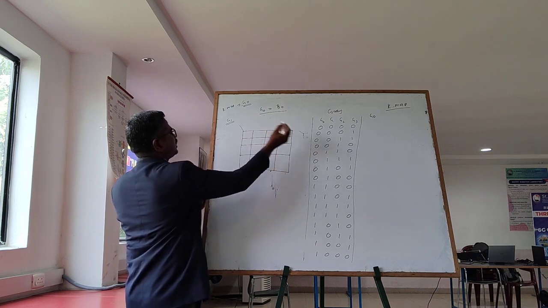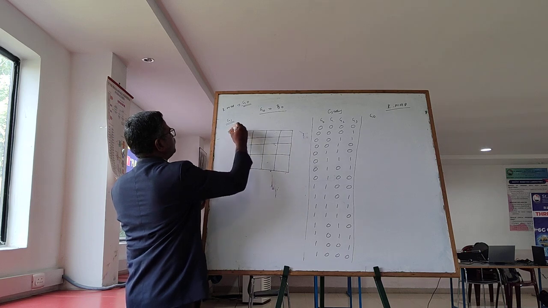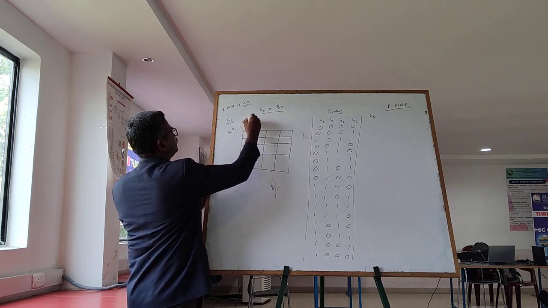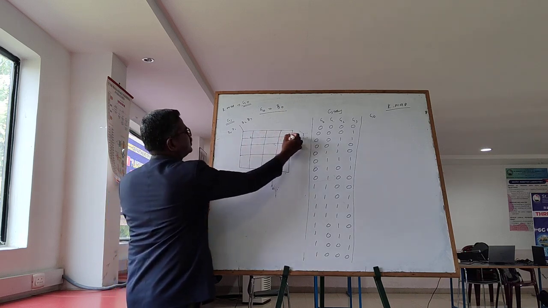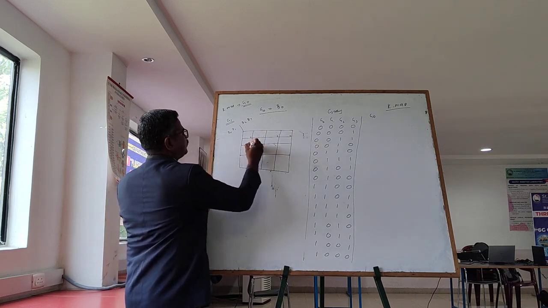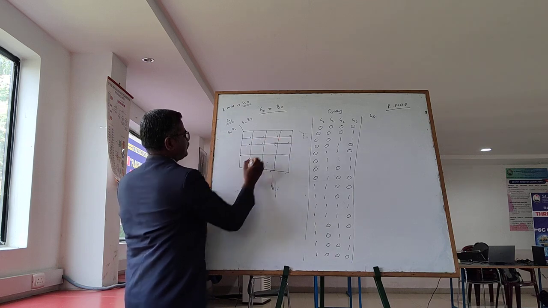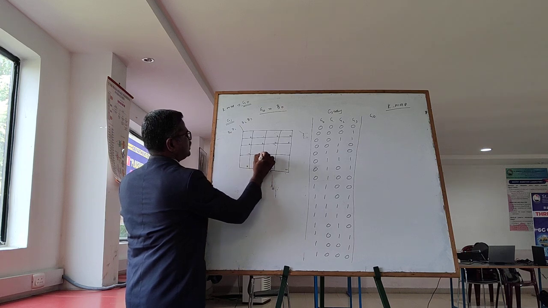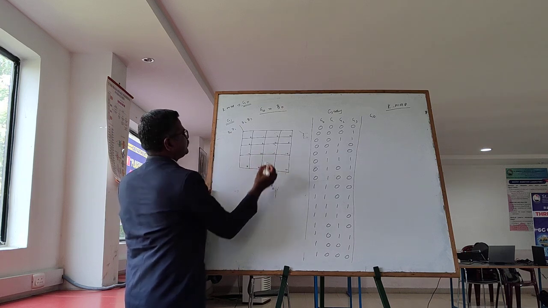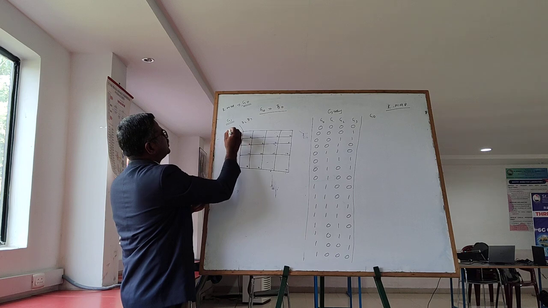Right? So what are the inputs? B0, B1, B2, B3. You have to mention here 0, 1, 2, 3, 4, 5, 6, 7, 8, 9, 10, 11, 12, 13, 14, 15. So what's supposed to be here?